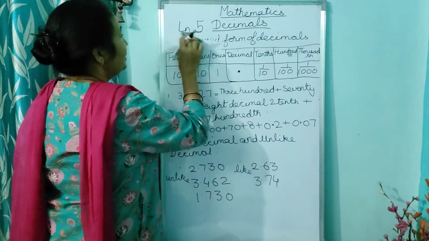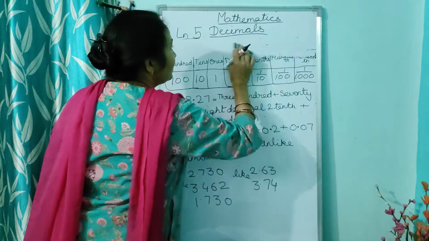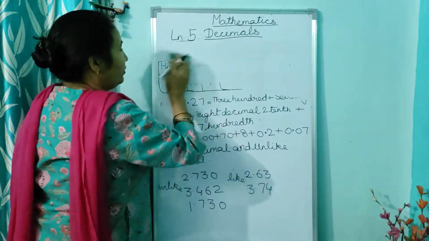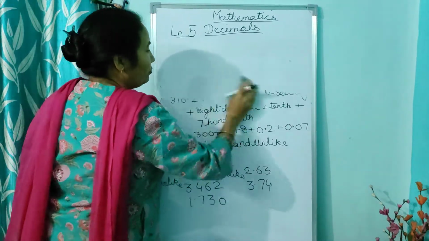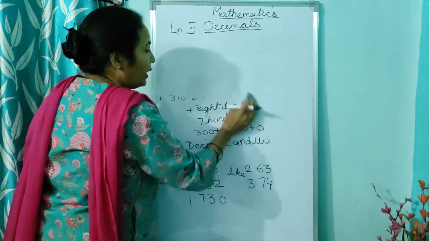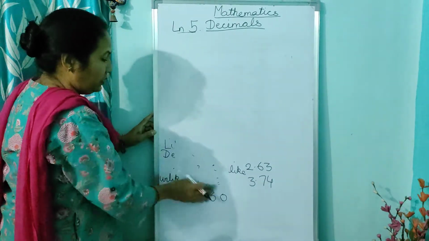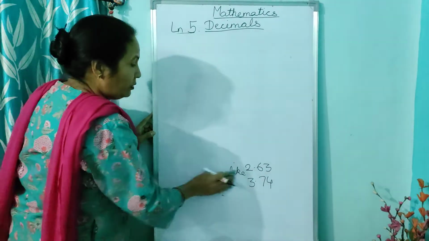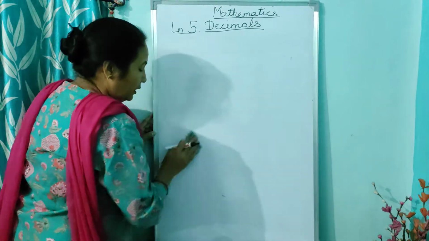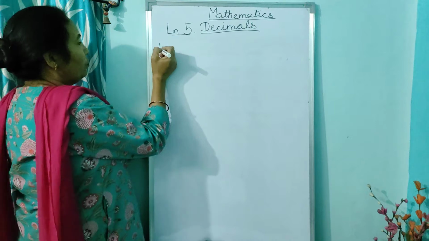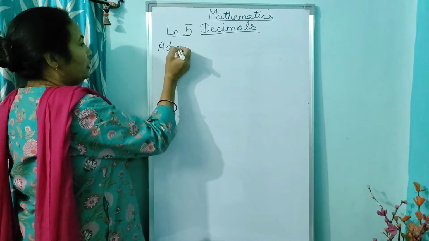Next, children, is addition, subtraction, multiplication and division. In this, you will do simple addition and subtraction. The only thing you have to see is that the decimal point should not change. It should be in the same place. I am going to give you one example of addition.